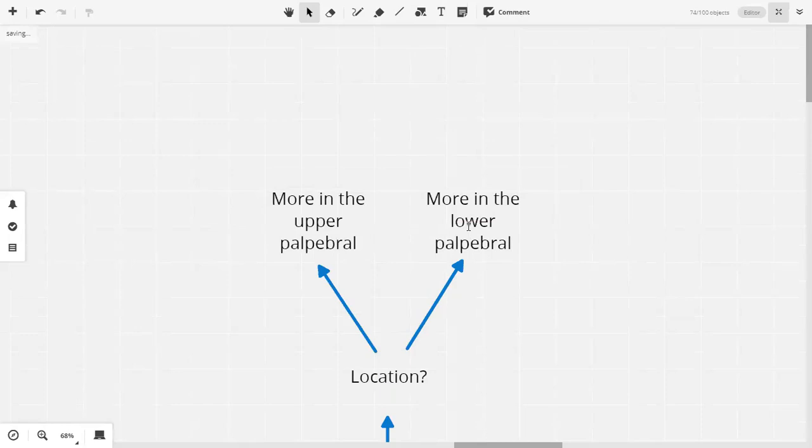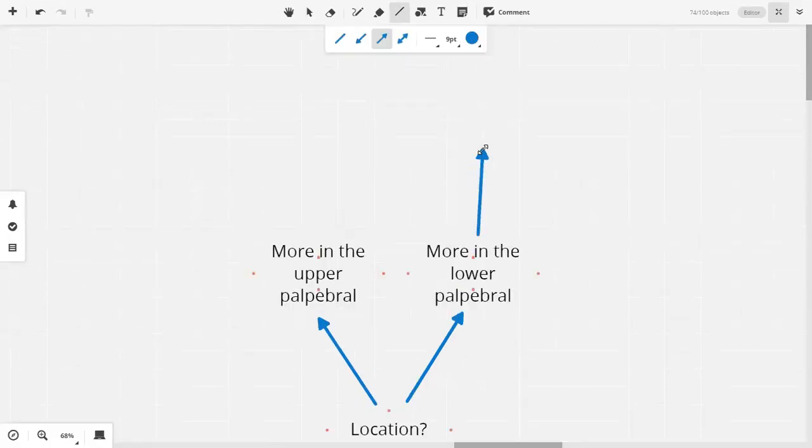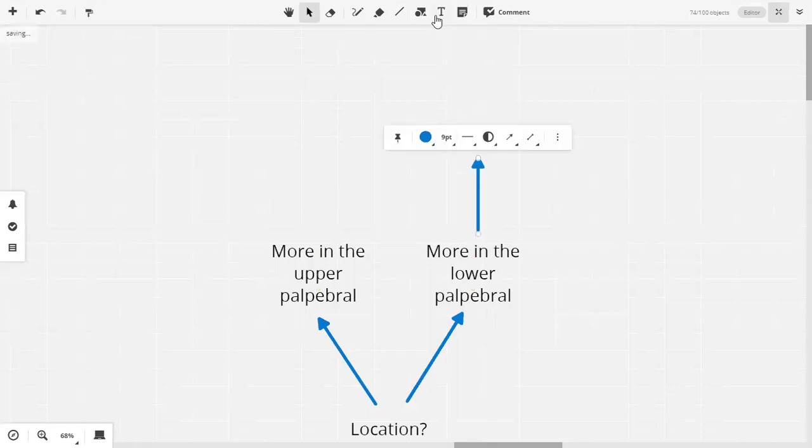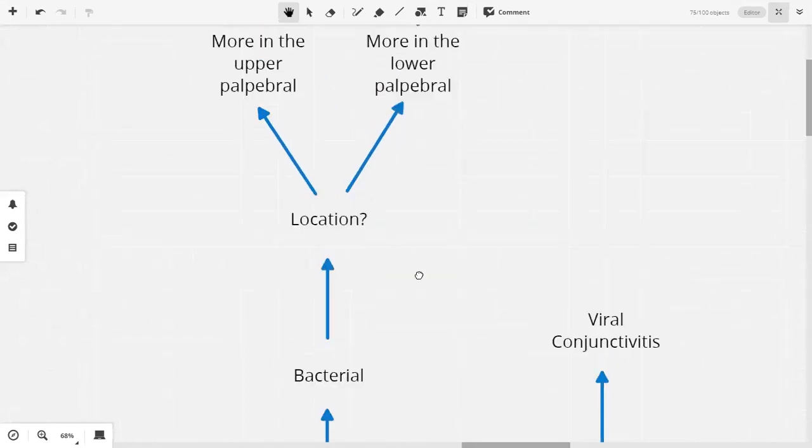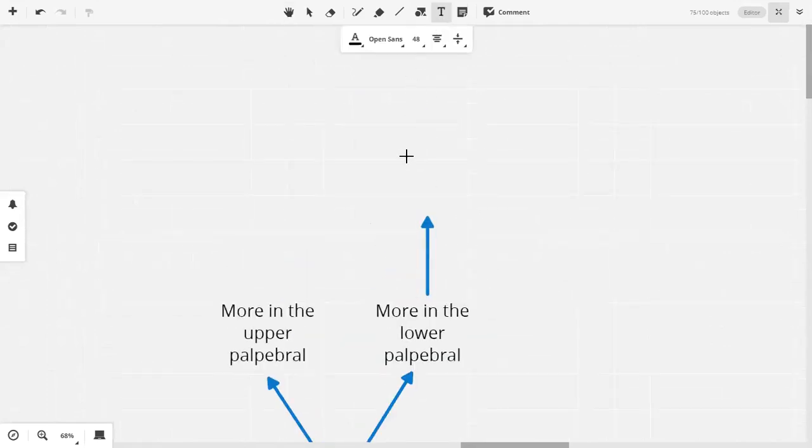So, if they are more in the lower palpebral conjunctiva, what will your diagnosis be? Viral conjunctivitis or chlamydia? We are moving toward mucopurulent, bacterial, and now by location it is chlamydia, serotypes D through K.